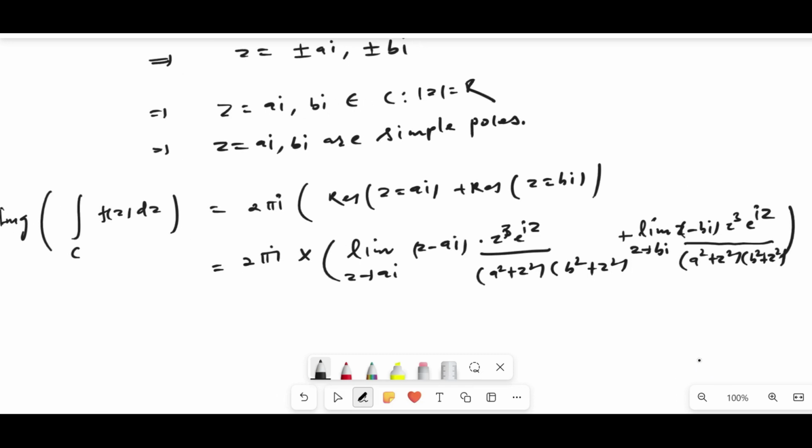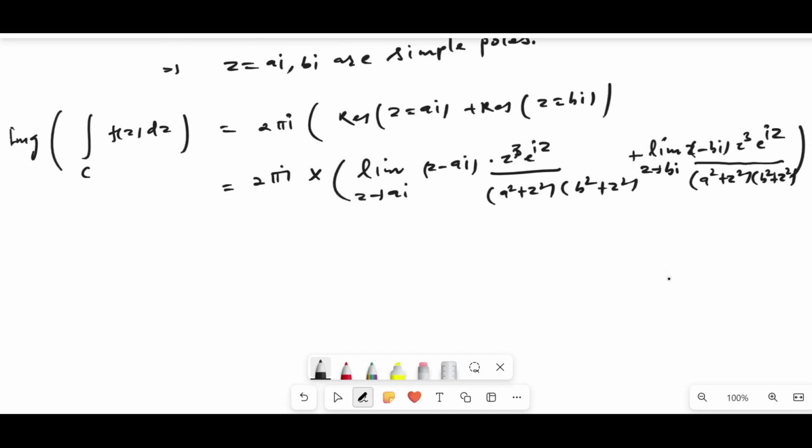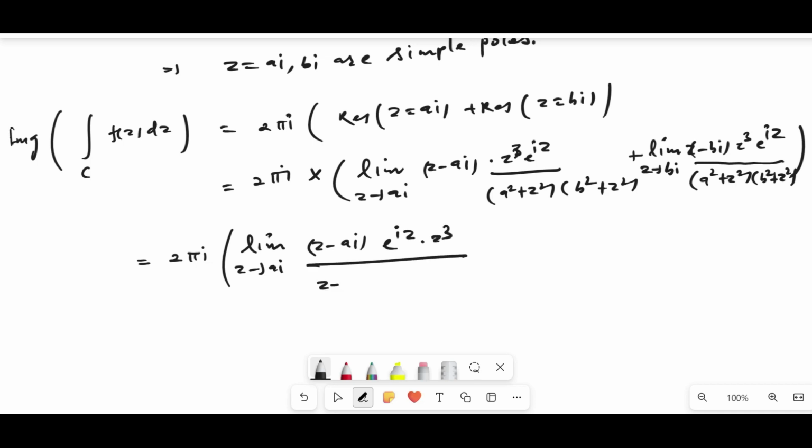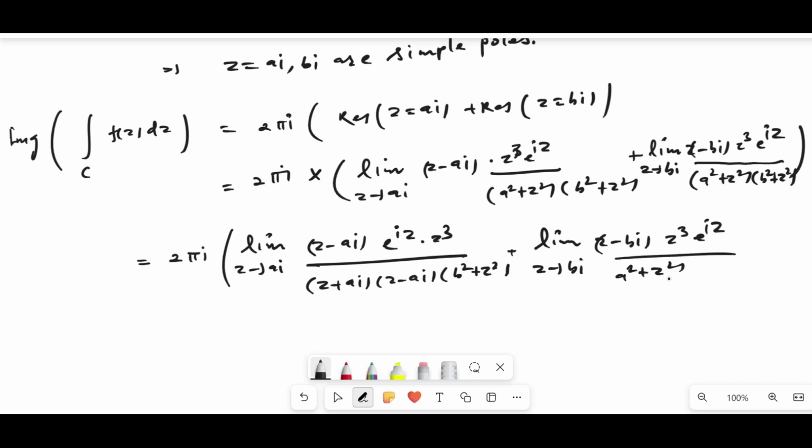So now close the bracket and further simplifying, this is equal to 2 pi i times the limit z tending to ai of z minus ai times e to the power of iz multiplied by z to the power 3 over z plus ai, z minus ai, b square plus z square, plus the limit z tending to bi of z minus bi times z to the power 3 e to the power of iz over a square plus z square, and here will be z plus bi, z minus bi.